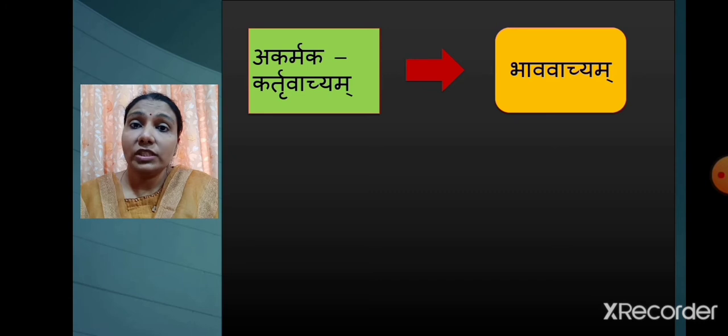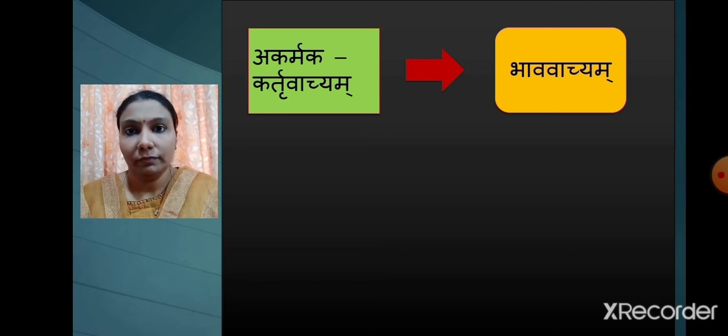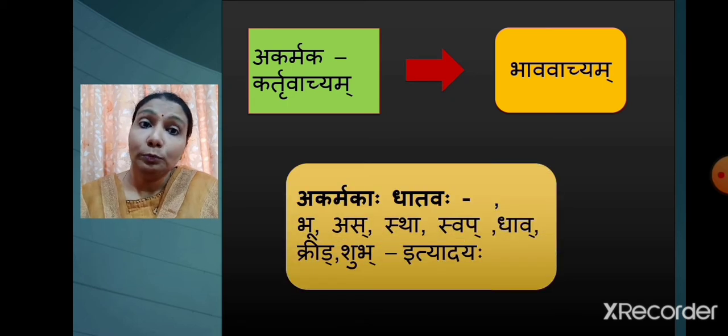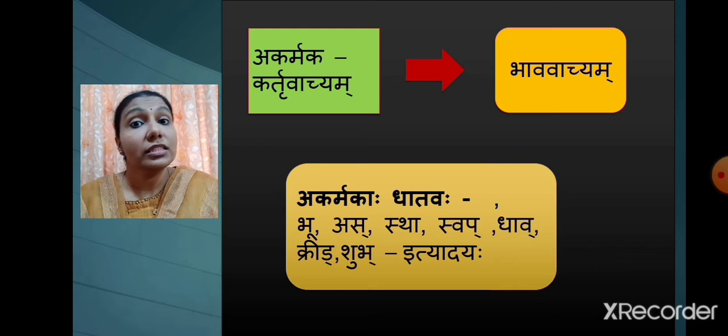And as we have seen, Akarmak Kartruvachya sentences can get changed into Bhavavacham. There are certain dhatus which are considered as Akarmak dhatus. For example, Bhu, As, Stha, Swap, Dhav, Krid, Shubh, etc.